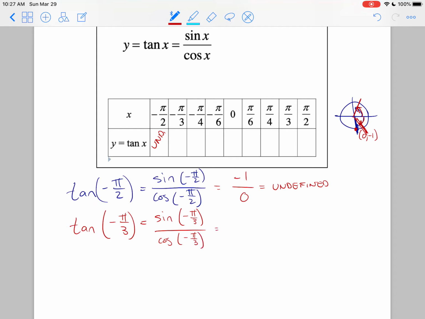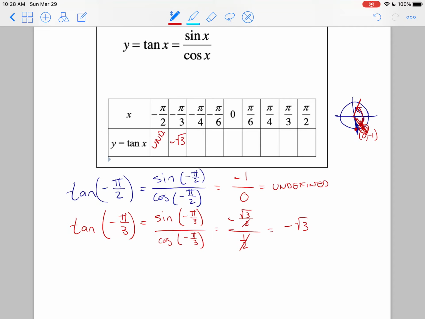So I'm talking about the y-coordinate. So I'm higher than I am over to the right here, and in this case I'm actually lower because it's down here. And so this is going to be negative root 3 over 2, over cosine, that's the 1/2, that's positive 1/2. And then the 1/2s actually cancel here, and so I get negative root 3. So this is negative root 3.